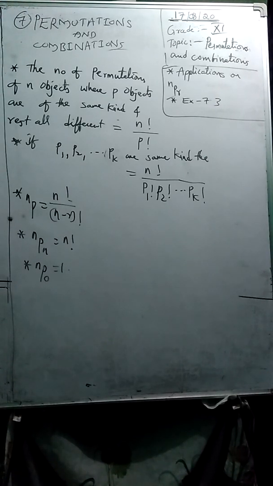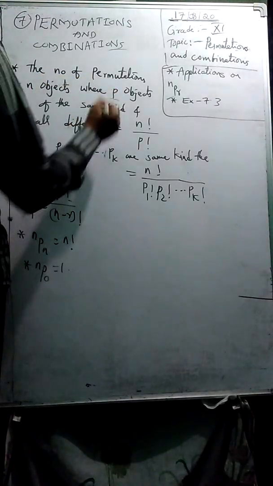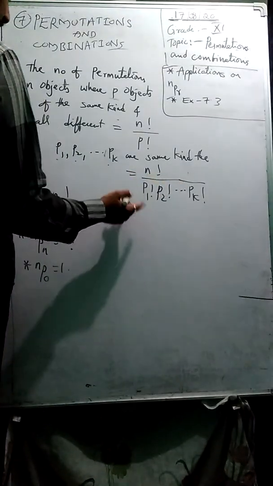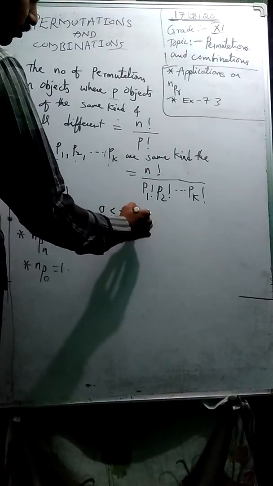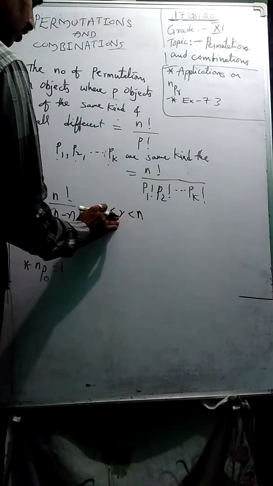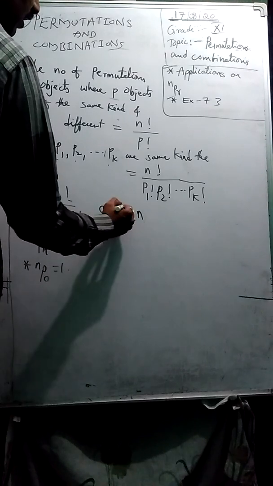Let us discuss some applications on this, students. So we have the formula, and by using this we will do the applications. First, when only p objects are of the same kind, but when p1, p2, pk are objects of the same kind, this one, and this is the formula for nPr with the condition 0 less than or equal to r less than or equal to n.